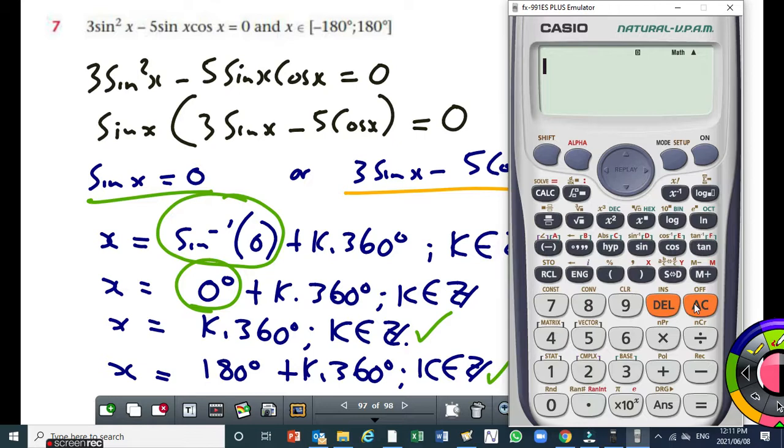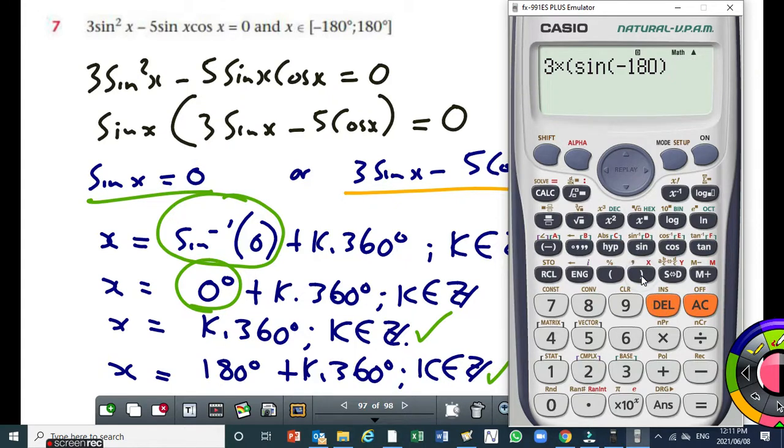Okay, I think I could have changed the one last plus 2 there. So it's 3 times sine, let's try minus 180. Minus 180.